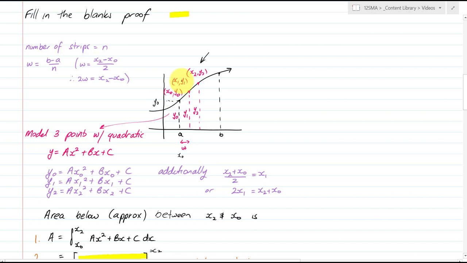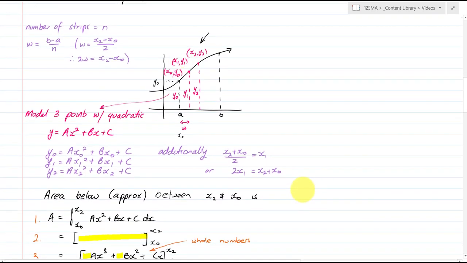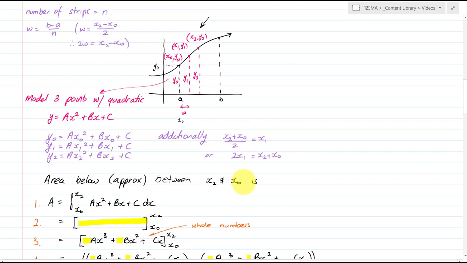Now I'm going to use the first 3 points of this function to model a quadratic, because we know that we can use 3 points to model a perfect quadratic, and we just use simultaneous equations to do that. So I've substituted in for my y0, y1 and y2, with x0, x1, x2, into the standard quadratic form.